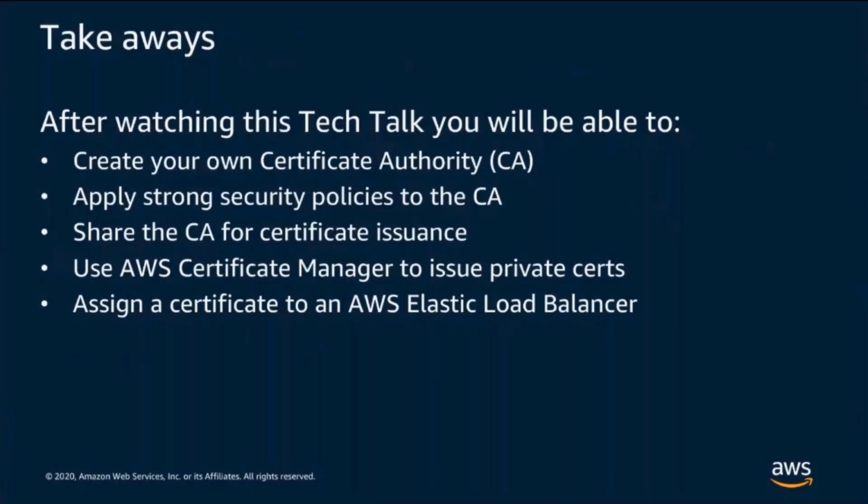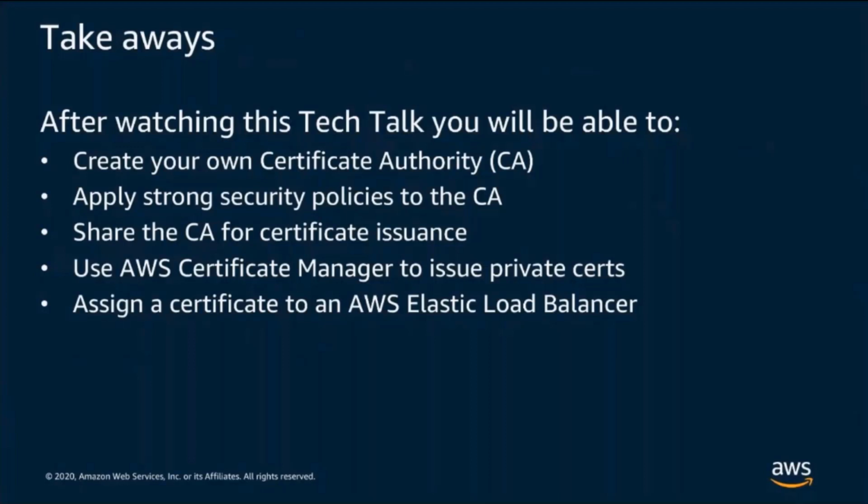When you're done with this tech talk, you'll be able to create your own certificate authority in the Private Certificate Authority service. We're going to walk through how to put strong identity and access management, IAM, protections around that certificate authority, as well as how to monitor and audit the certificate authority.